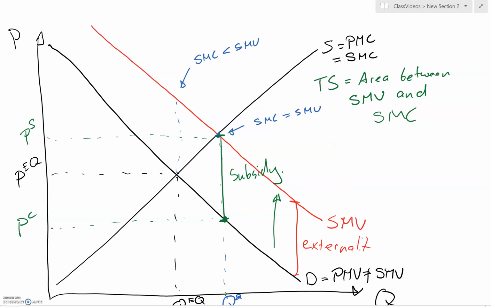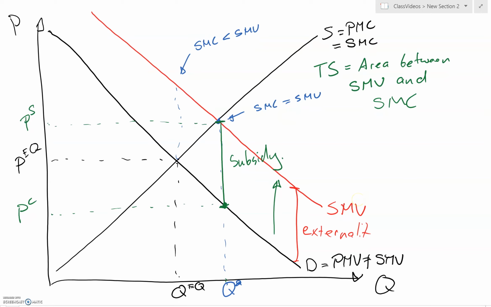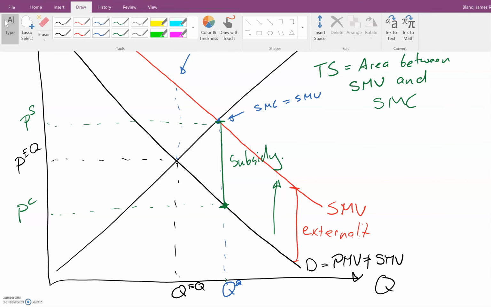Because we don't have a negative externality in this market. You can always add these things in, but we're just making things more complicated without adding any more learning to this.